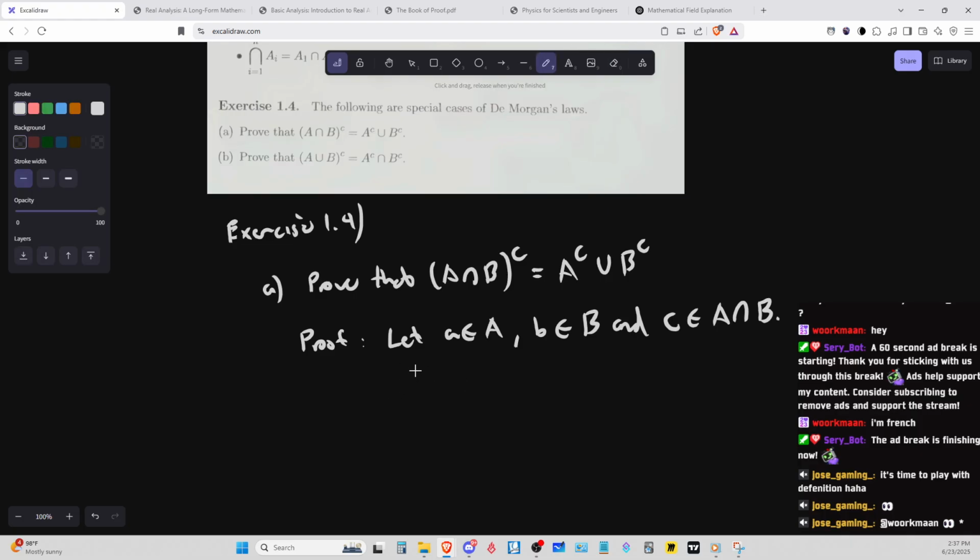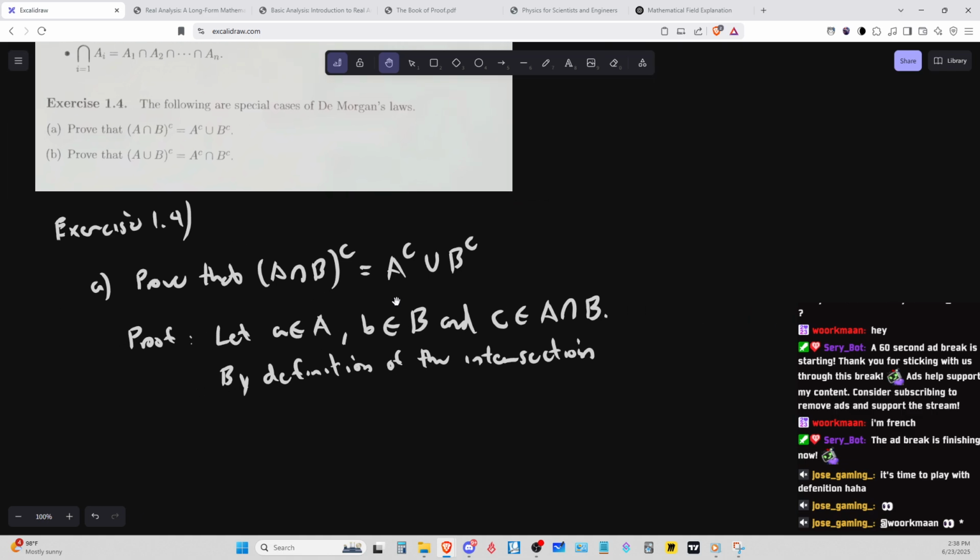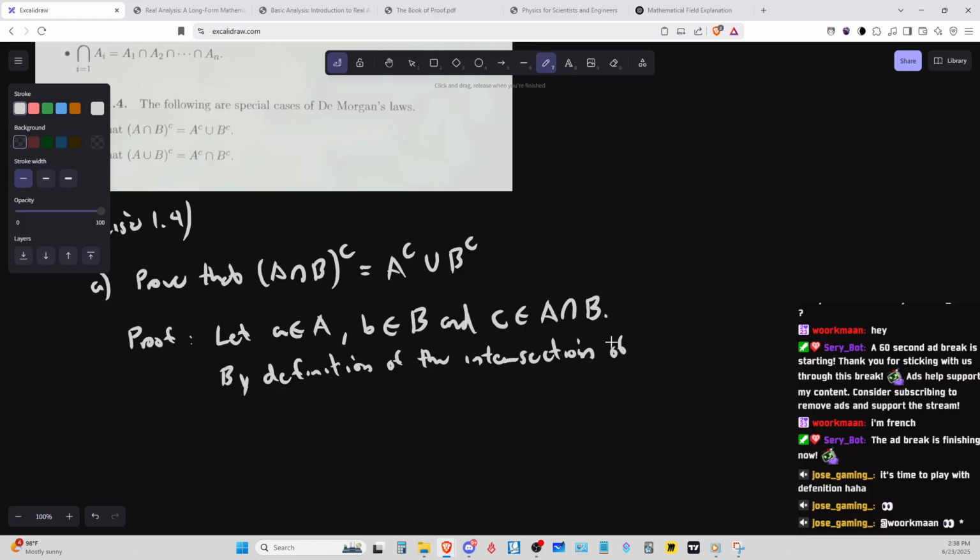So, by definition, the intersection of sets, C is an element of A and an element of B. I'm also trying to make sure that I don't write into the chat so you guys can see what I'm writing. Okay.